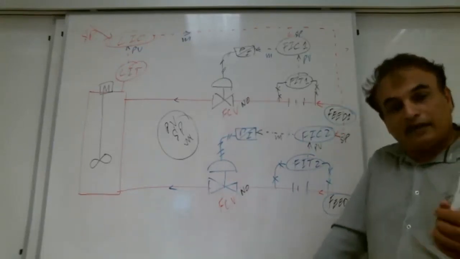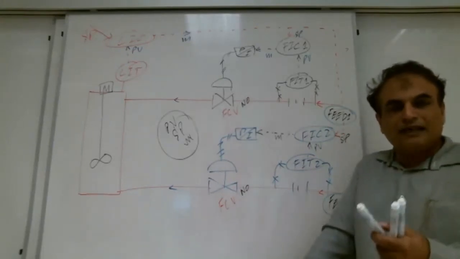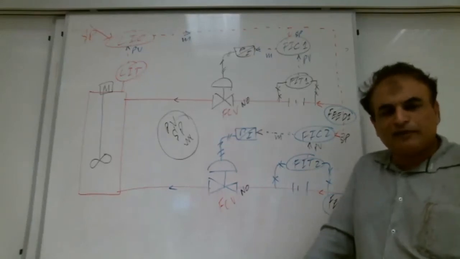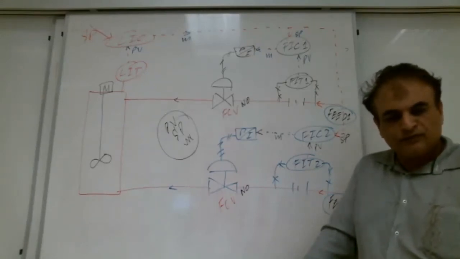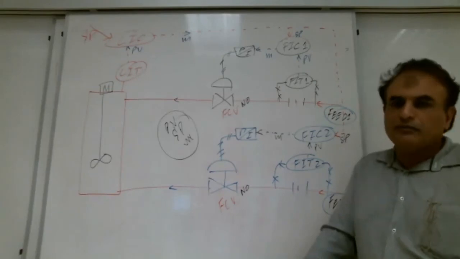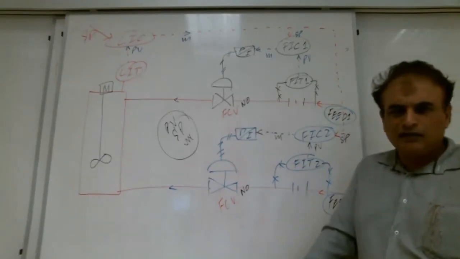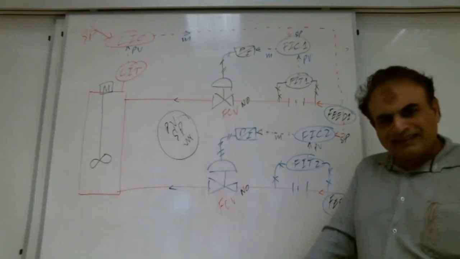Now, for example, in our car, the valve between the fuel and the engine should be normally open or normally closed? Normally closed, because it's fuel. Why? Are you using the car 24 hours?